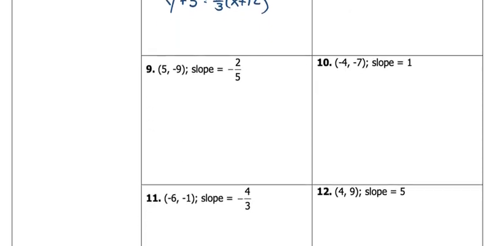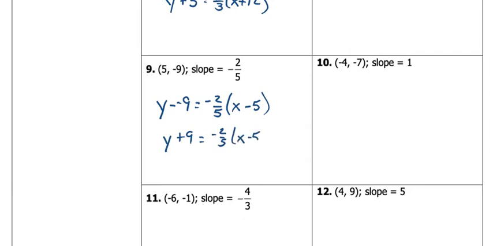Number 9, y minus the y value, -9, equals my slope, and then in parentheses, x subtract my x value. I'm going to rewrite that again as well because minus and negative is plus. So y plus 9 equals -2/5, and then in parentheses, x minus 5.